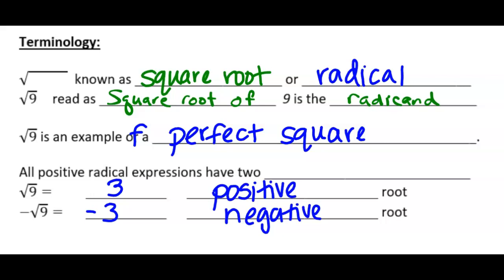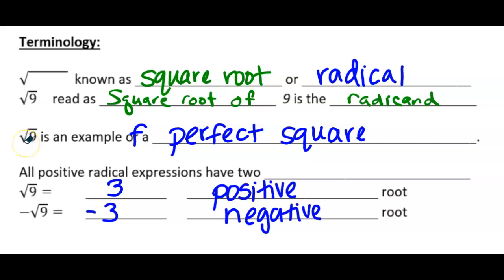So we read this symbol as square root or radical. So this is the square root of 9 or the radical of 9, and 9 is called the radicand. We're not really going to use that word too much, but I might say it every once in a while. So that's the number underneath the radical symbol.